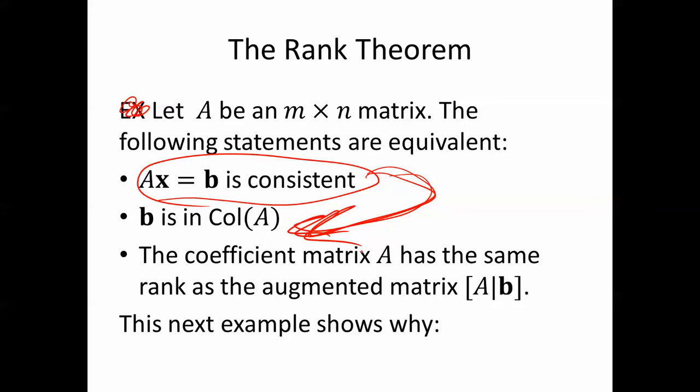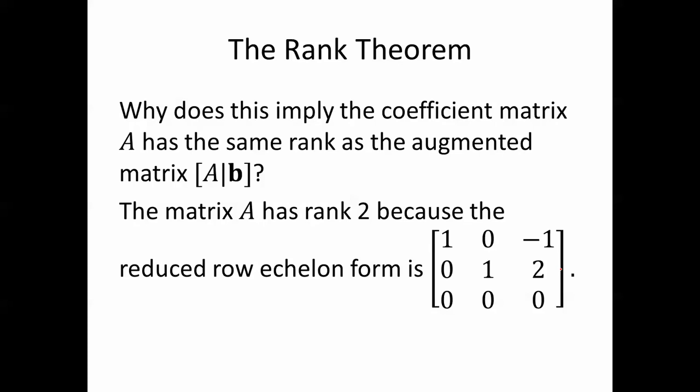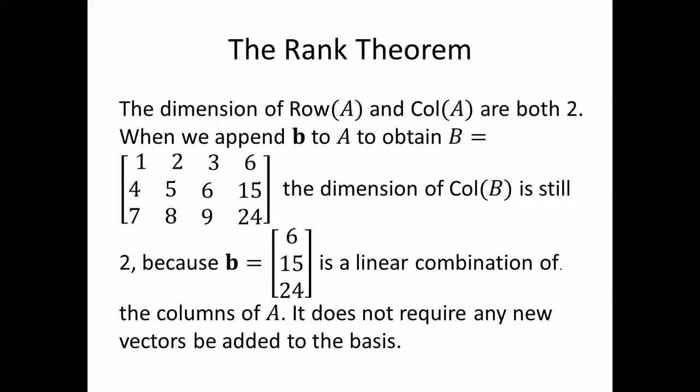Okay, that's great. So AX equals B is consistent implies B is in the column space of A. Now, how does it imply this third statement? Why does this imply that the coefficient matrix A has the same rank as the augmented matrix AB? Matrix A has rank 2 because the reduced echelon form looks like this. The dimension of the row space of A and the column space of A are both 2.